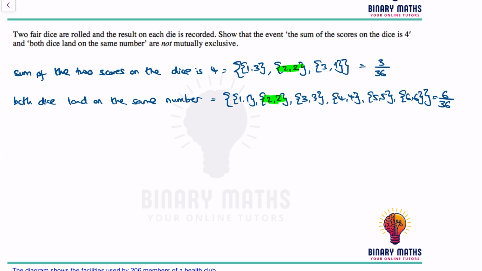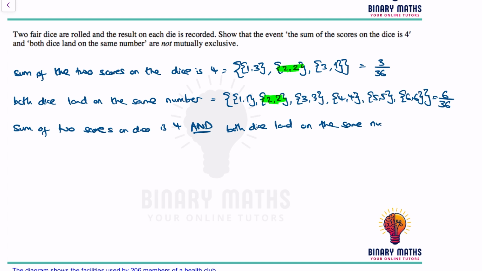So sum of two scores on a dice is 4 and both dice land on the same number is equal to just 2, 2, which is 1 out of 36.